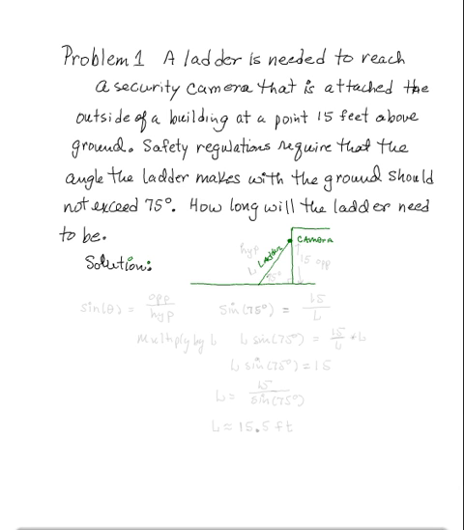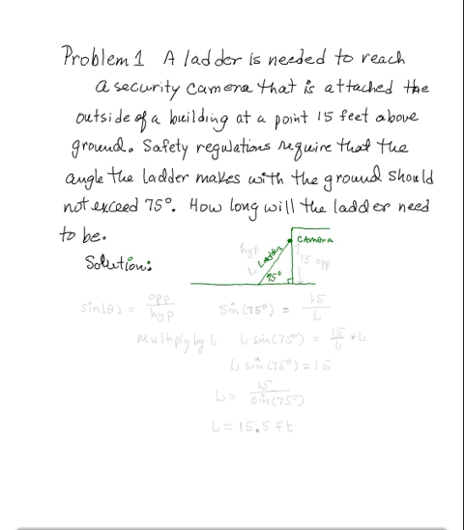So to get the shortest ladder we can, we should make it 75 degrees. And the person climbing the ladder then will be living on the edge of the safety conditions. Assuming the building is perpendicular to the ground, we'll make a right angle there. And so we have a right triangle in this situation.